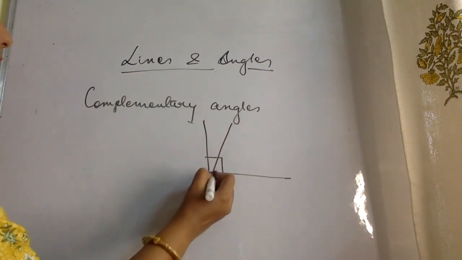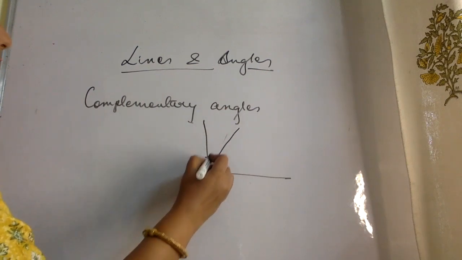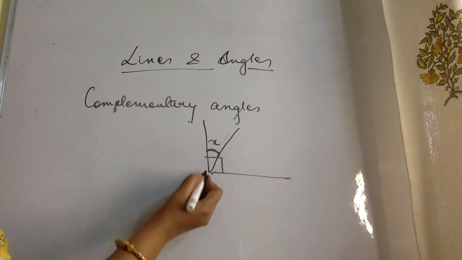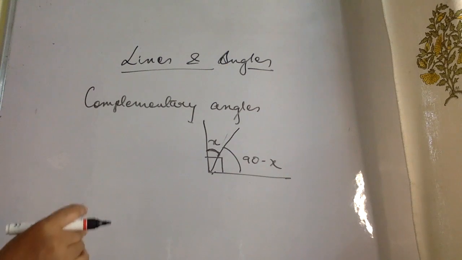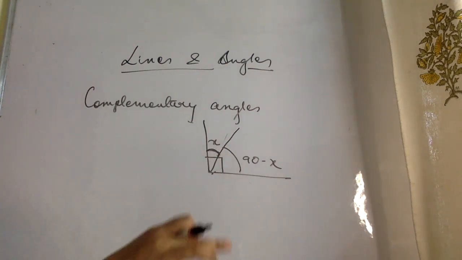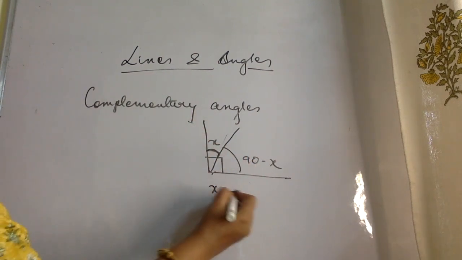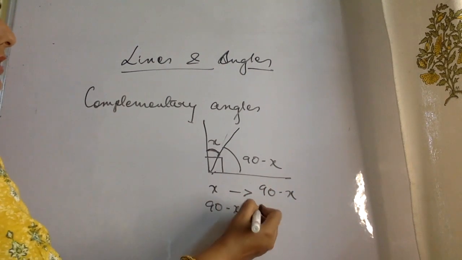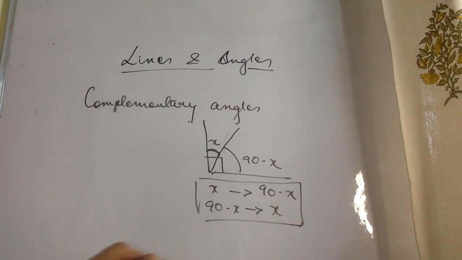If one of the angles is x, one part of this 90 degrees is x, then the other part is 90 minus x. So x is the complement of 90 minus x, and 90 minus x is also the complement of x. They are called the complement of one another.